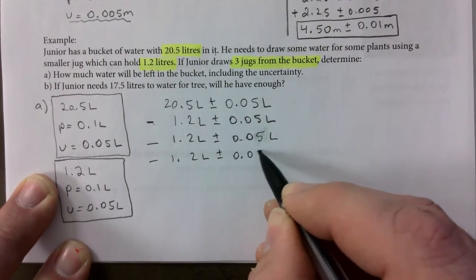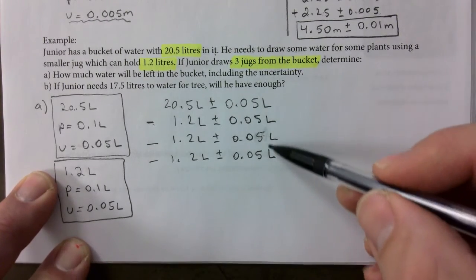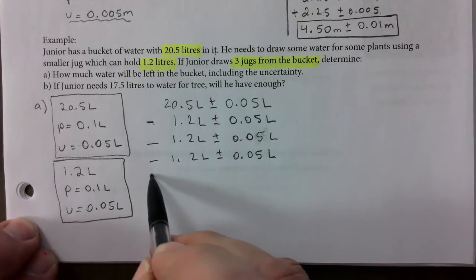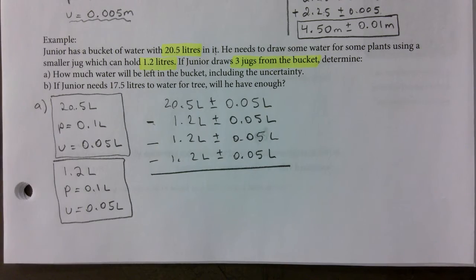And the third bucket. So you're drawing 3 buckets, and each time you have to repeat that, right? And you go like this, and this is where it gets a little tricky.